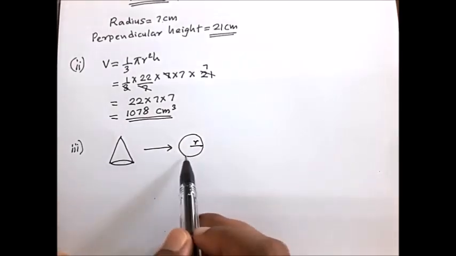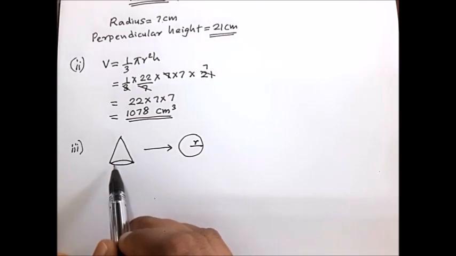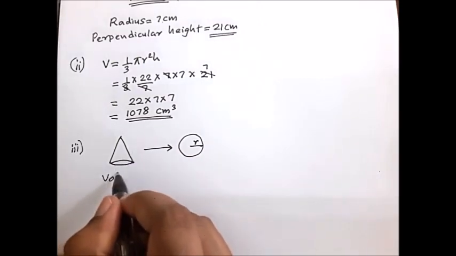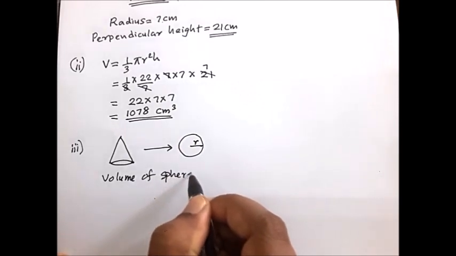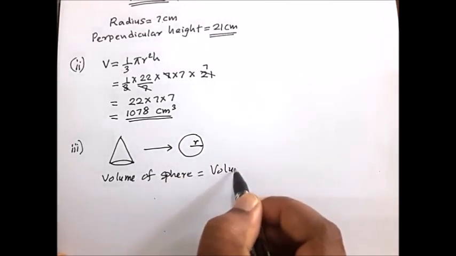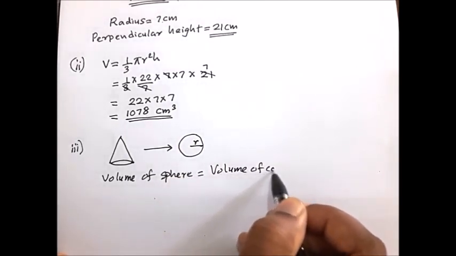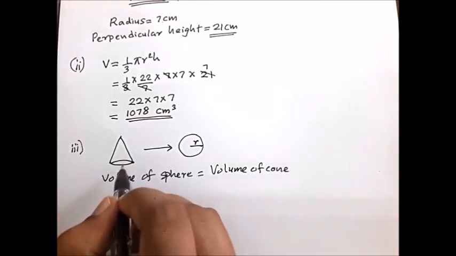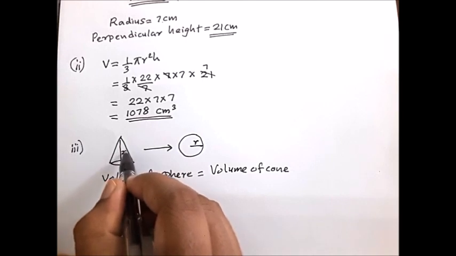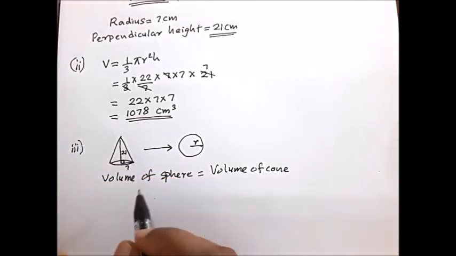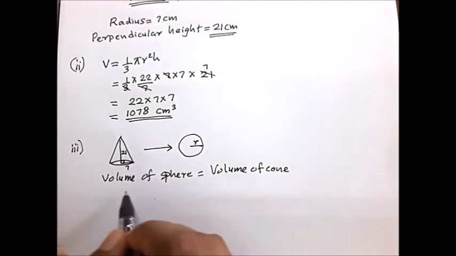The volume of this sphere is equal to the volume of the cone. The radius of the cone is 7 and the perpendicular height is 21. The formula for volume of a sphere is 4 over 3 pi r cube.